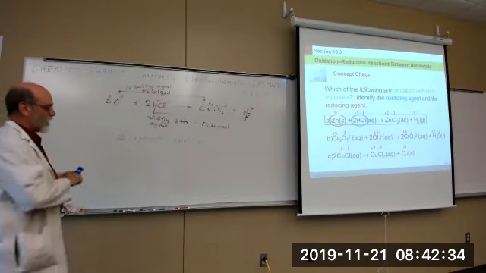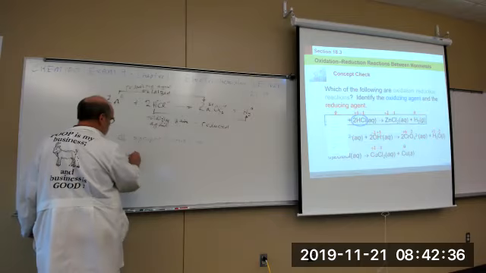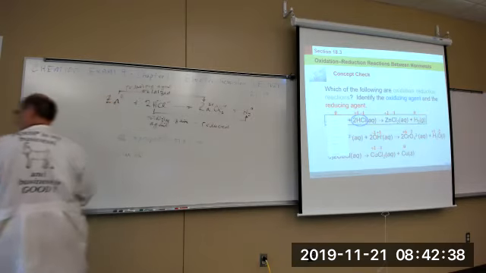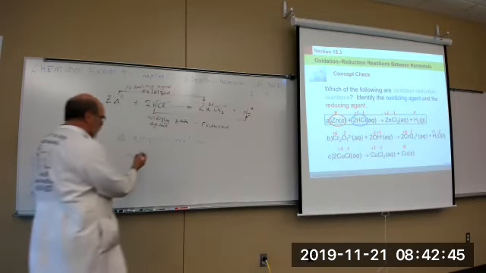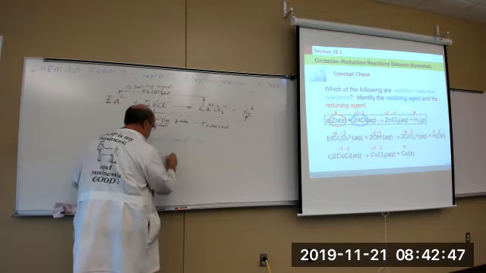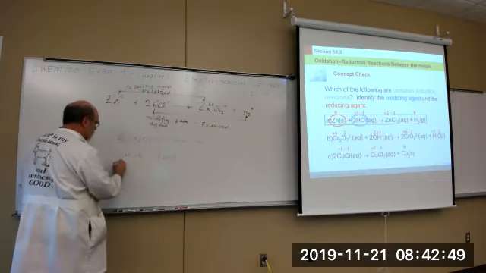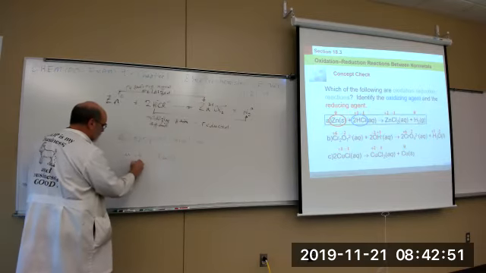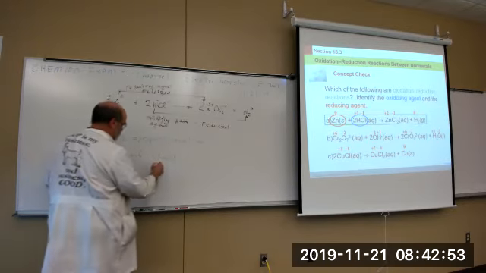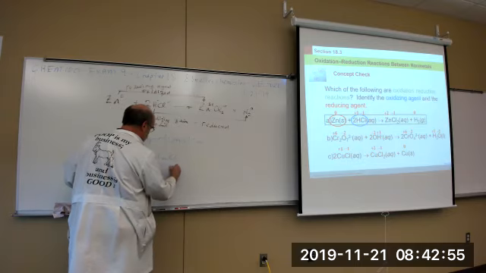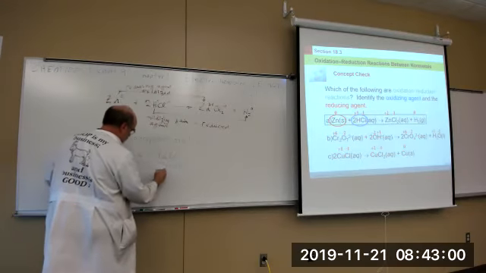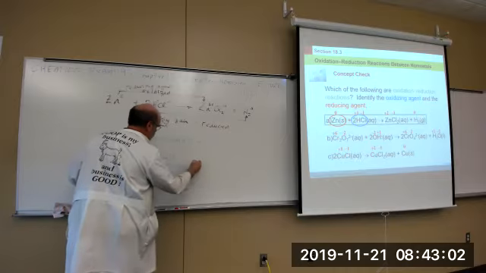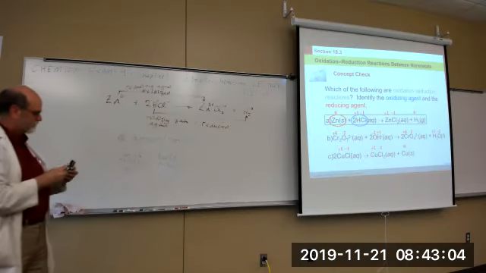And another way to write that would be like this. You could write it like this. Now you can say this is the oxidizing agent, and just pick one. And this is the reducing agent, to produce your products. Okay?